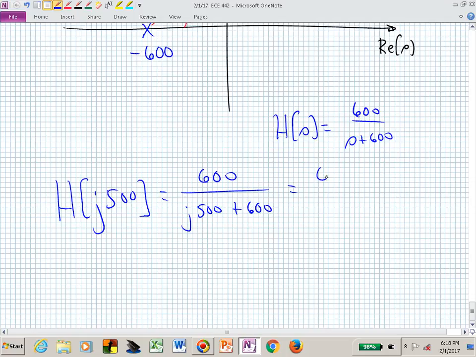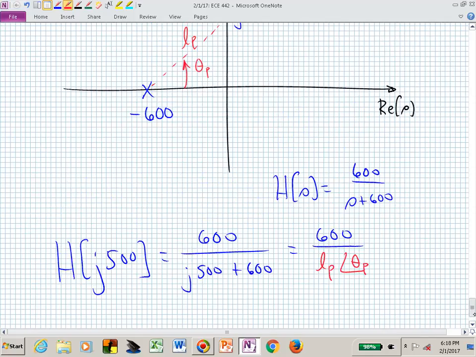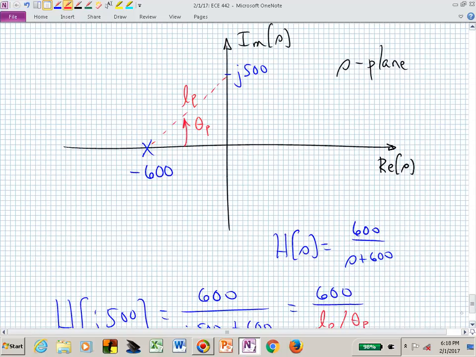Or this is now 600 in terms of our diagram. That complex number in the denominator is the length L sub p in polar form and an angle theta sub p. And now we should be seeing a hypotenuse. The hypotenuse is L sub p.